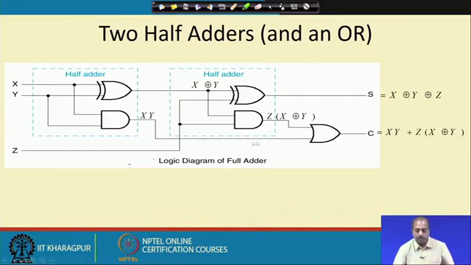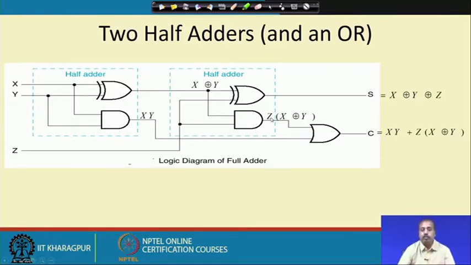So, what we have done, we have taken a separate OR gate. The first half adder gave x y as output in the carry, but what we need is x y plus z into x XOR y. So, this AND gate will be realizing that z into x XOR y, because x XOR y is coming from the first half adder and it is connected here to the AND gate, and then the z input is connected.